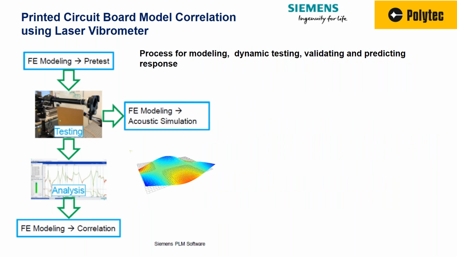So a little bit of background about this, what's the process for doing this. If you have a printed circuit board, a lot of times you start from the modeling aspect where you have a model of it and you want to validate that model.